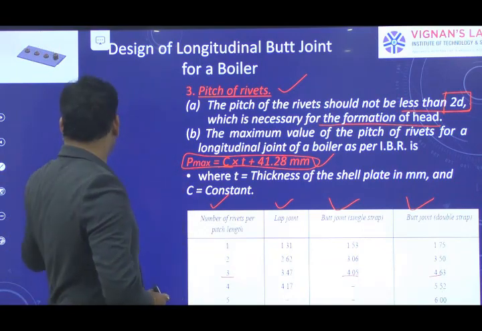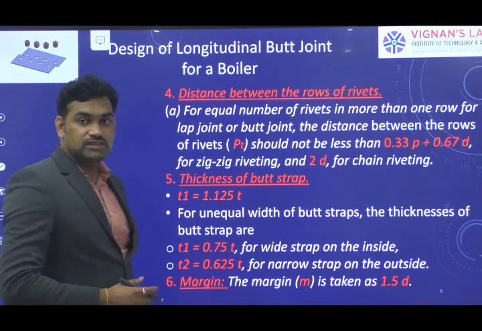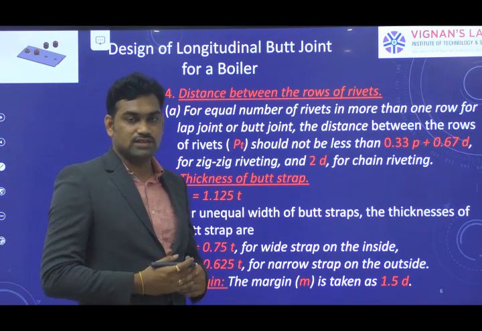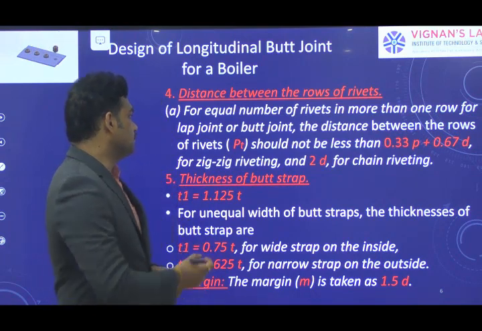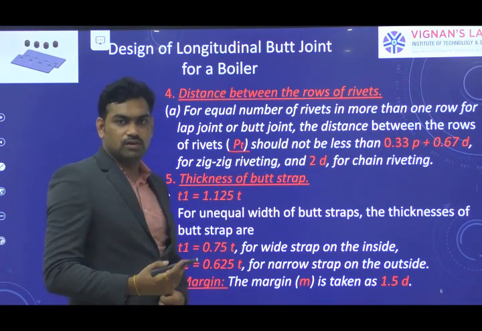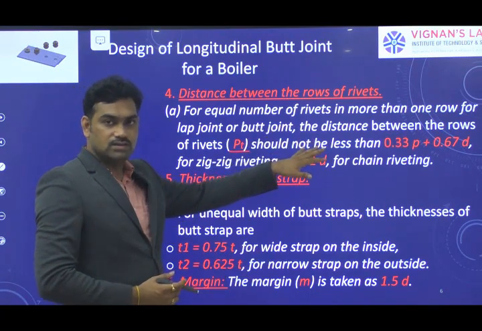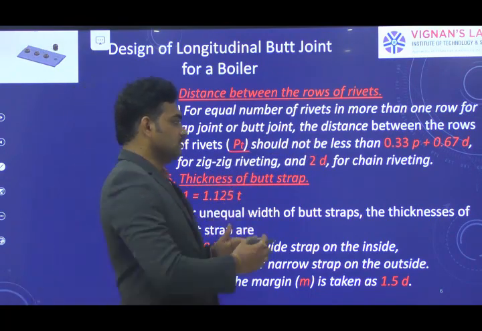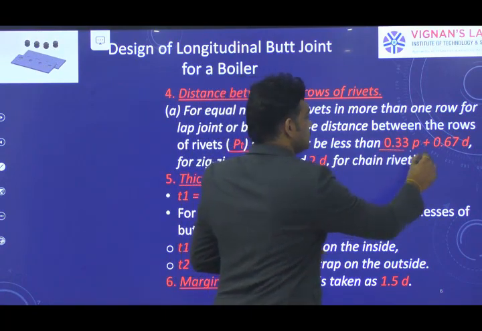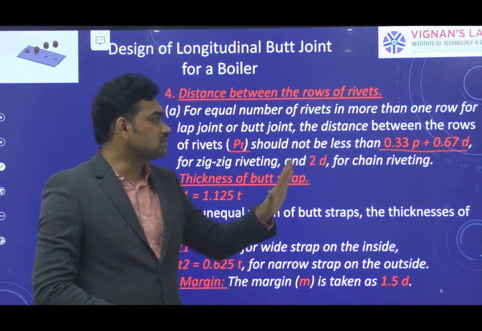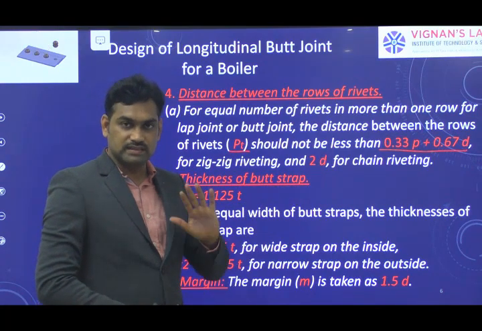Clear? After that I can find the distance between the rows of rivets. In the diagram you can see the transverse pitch, denoted by PD, or row pitch, which you can denote with PR. If the rivets in the inner row are arranged in zigzag fashion, you can find the row pitch as 0.33p + 0.67d for zigzag riveting.